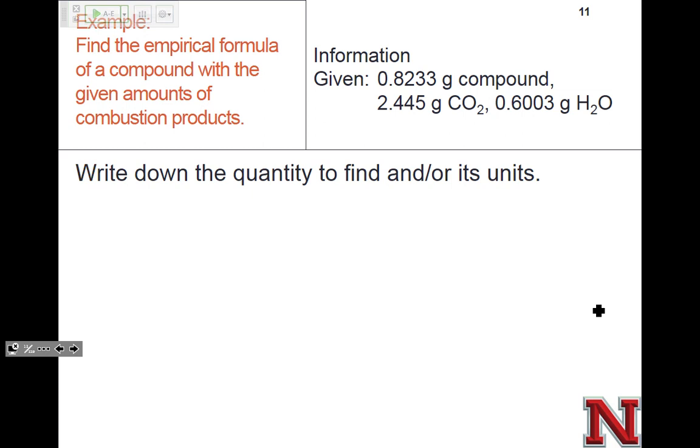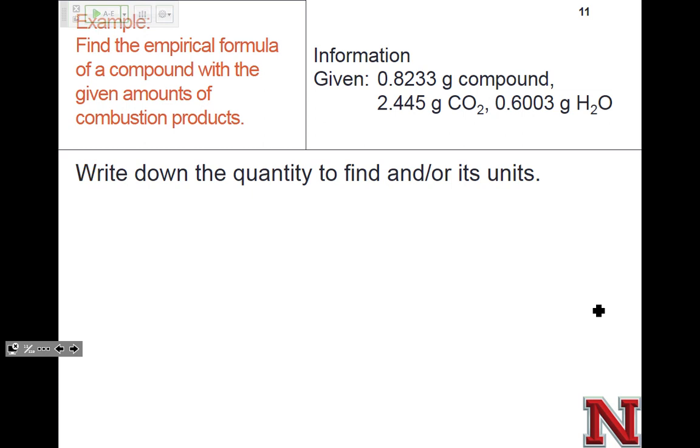Again, the key here: our moles of carbon can be directly determined from our mass of CO2 that was produced, because the only place carbon was coming from was our sample. Our moles of hydrogen can be directly determined from the mass of H2O produced, because hydrogen can only come from our sample. It's not coming from anywhere else in the reaction.